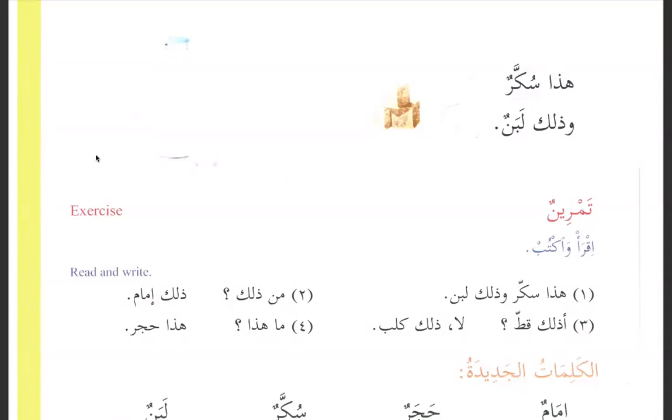But if I want to ask you what's in the cup, whether it's soda, coffee, or tea, I say ma fil ka's, or madha fil ka's. I use ma, referring to non-human objects.